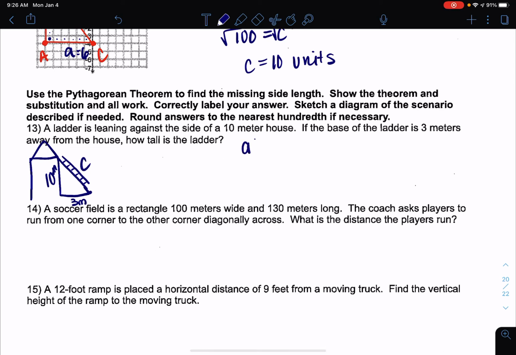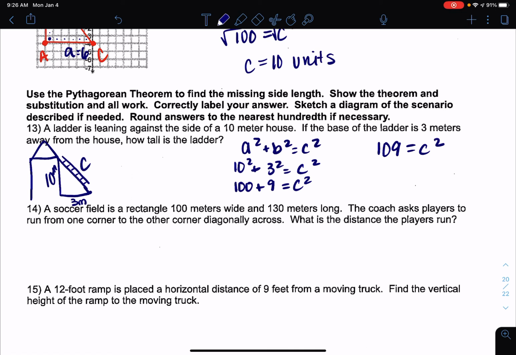Okay, so using a squared plus b squared is equal to c squared, I am plugging in the information given to me to find out what c is going to equal. So I have 10 squared plus 3 squared is equal to c squared. 10 squared simplifies to 100, plus 3 squared, which simplifies to 9, is equal to c squared. 100 plus 9 is going to equal 109 is equal to c squared, and c is not by itself, so I'm going to square root both sides to get c by itself.